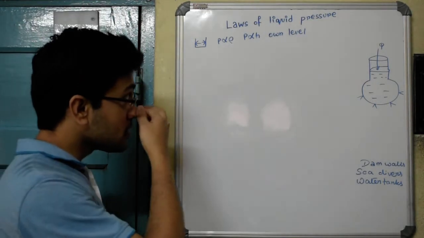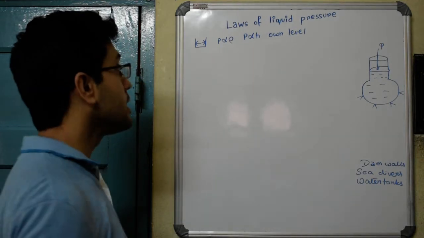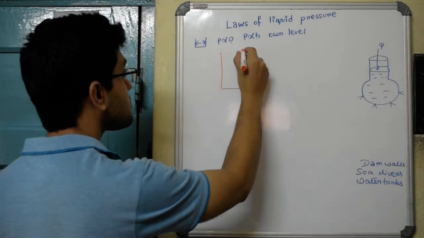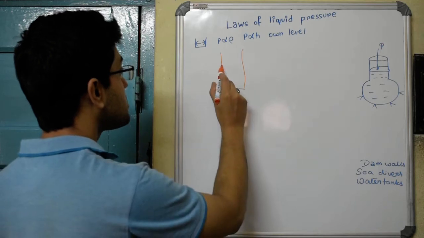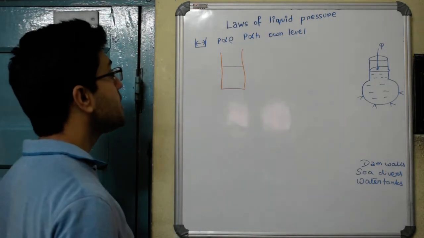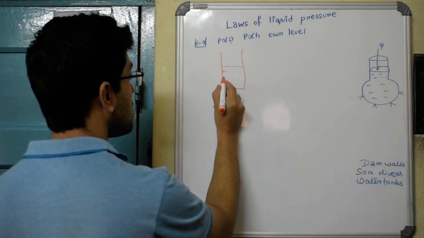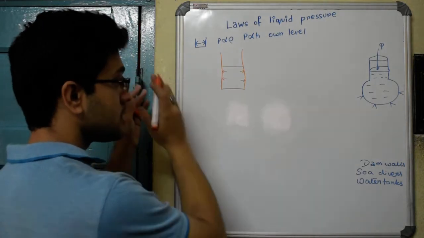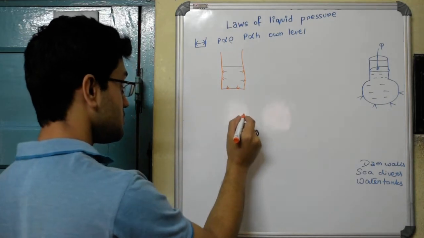The first law says that a liquid exerts pressure on the walls of its container. So if I have, say, a glass here, and if this glass contains any liquid, for our example we take water, then all the water molecules will exert pressure on the walls of the container, that is along the cylindrical directions, and also at the base of the container.